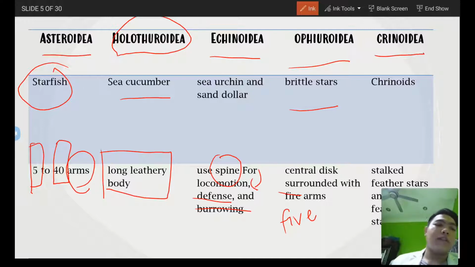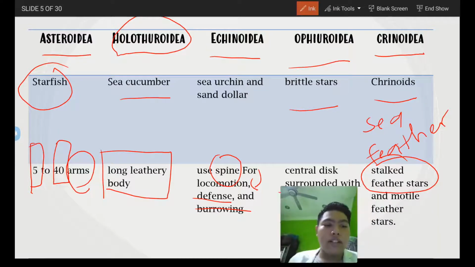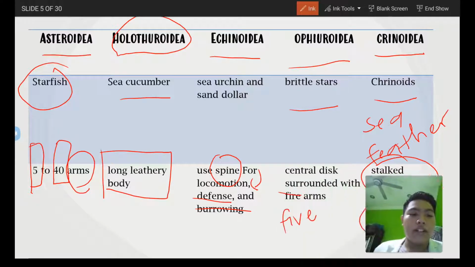The common example of Crinoidea is the crinoids. The other name for crinoids is sea lilies. Crinoidea include stalked sea lilies and motile feather stars. Okay, next.